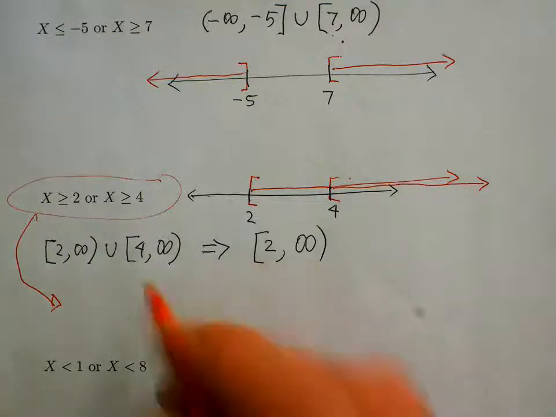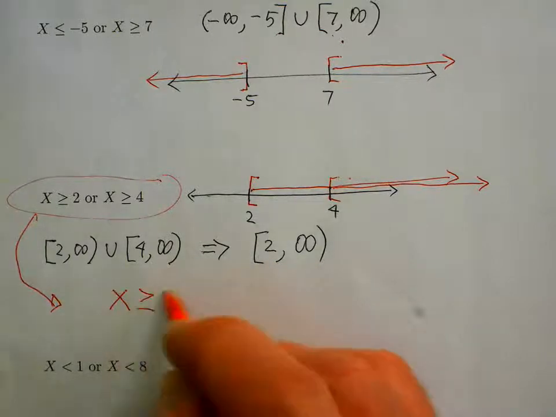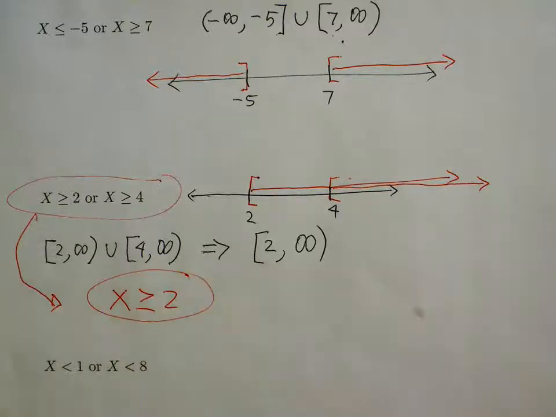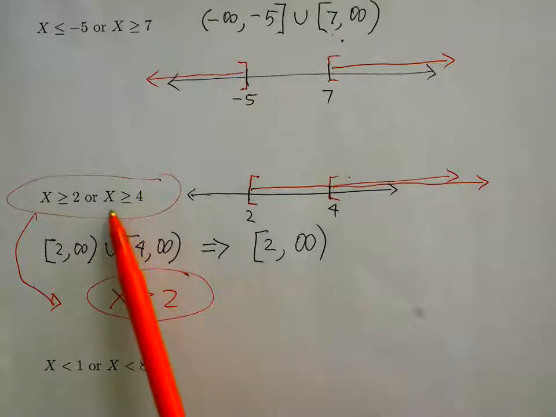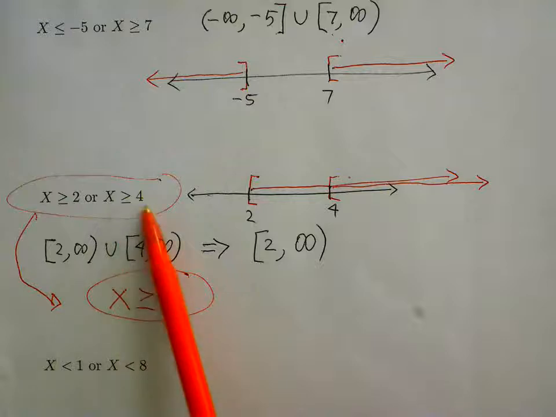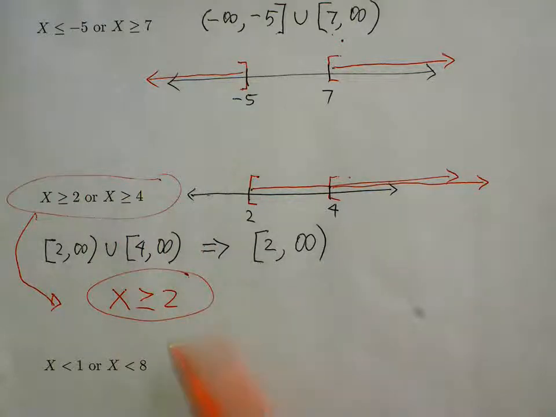So we can write x is greater than or equal to 2 to represent that set using the algebraic notation. And once again, the reason is the numbers x that are greater than or equal to 4 are already numbers that are greater than 2. So they're already in that set.